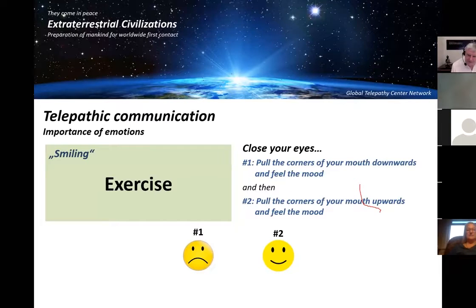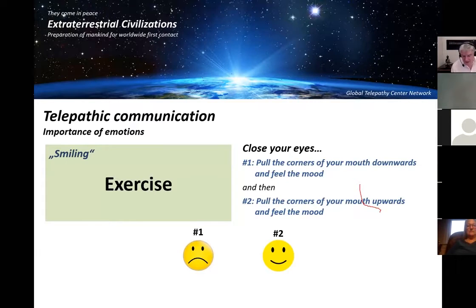The state where you pull your mouth upwards is a very positive state, and in this state, it's not possible to perceive fear. That is a very important thing. I will cover that later when we come to the aspect of fear.